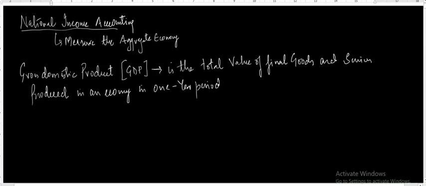So whatever an economy is producing in a 1 year period is known as the gross domestic product.